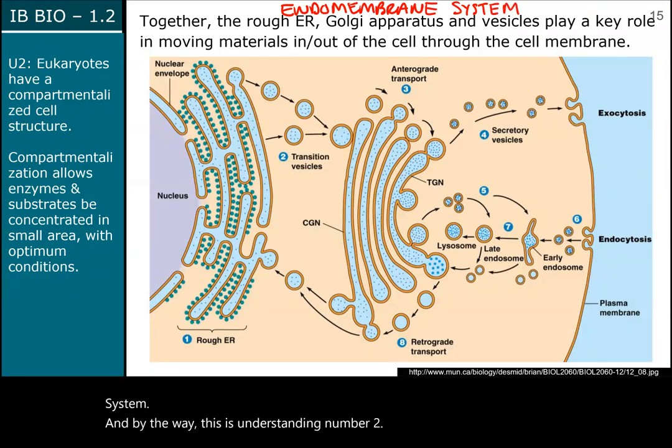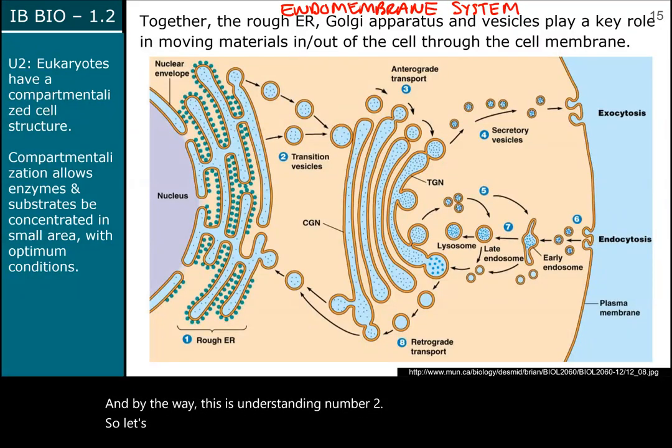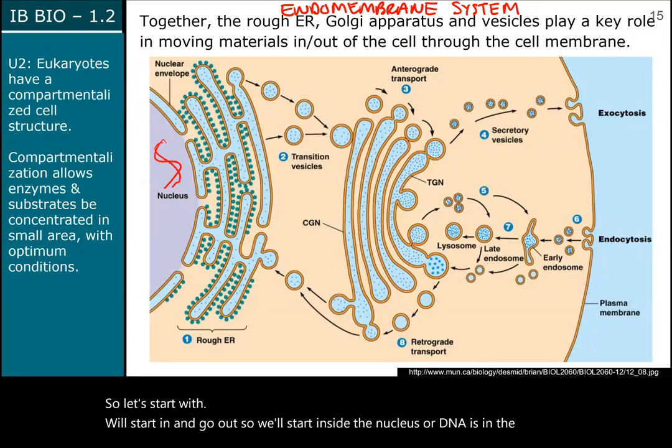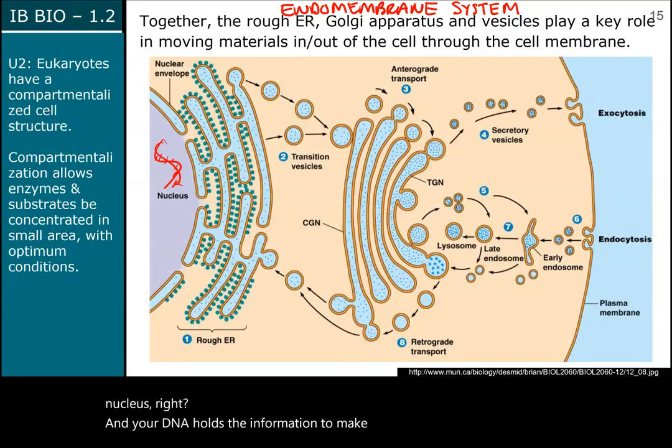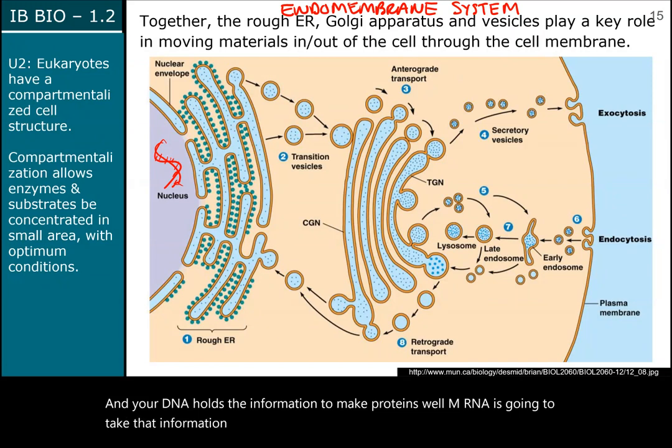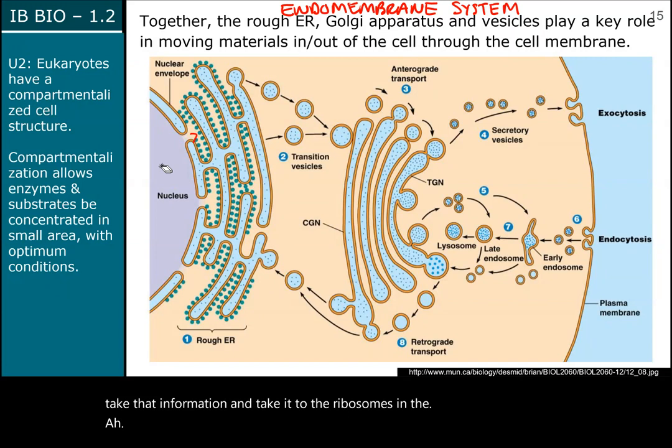So we'll start inside the nucleus. Your DNA is in the nucleus, right? And your DNA holds the information to make proteins. Well, mRNA is going to take that information and take it to the ribosomes in the Golgi, not the Golgi, the endoplasmic reticulum, right?